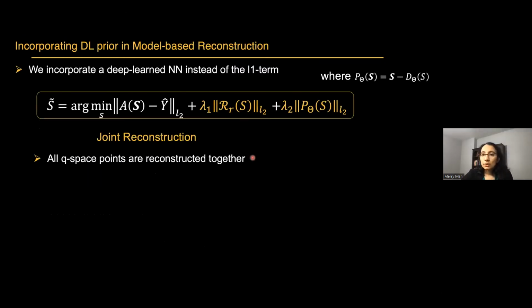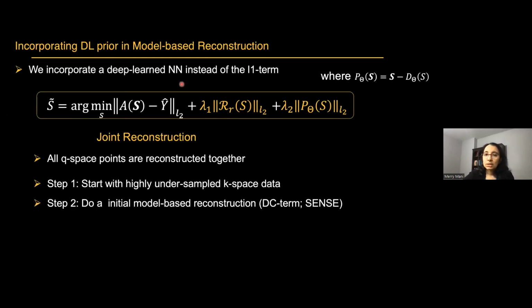So how do we bring that into our model-based reconstruction? Remember, this is a joint reconstruction. We are trying to reconstruct all the Q-space points. So we start with the highly undersampled K-space data from all the Q-space points. We do an initial model-based reconstruction that imposes the data consistency using the acquisition physics.